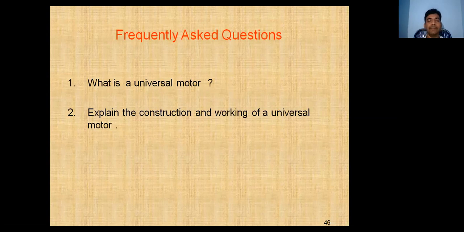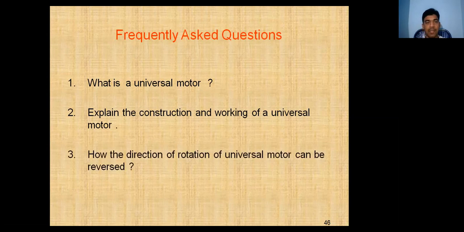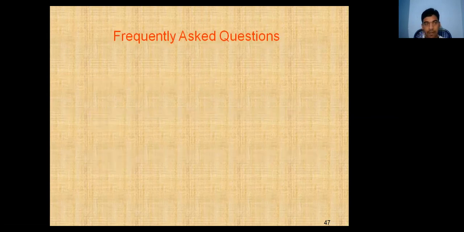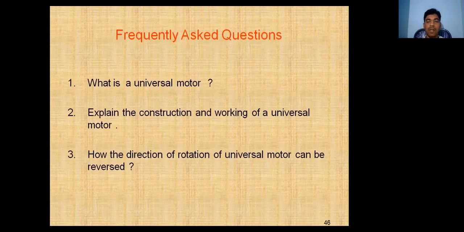How can the direction of rotation of a universal motor be reversed?